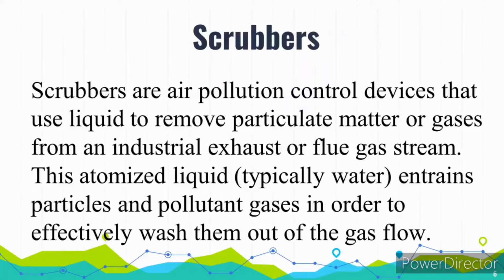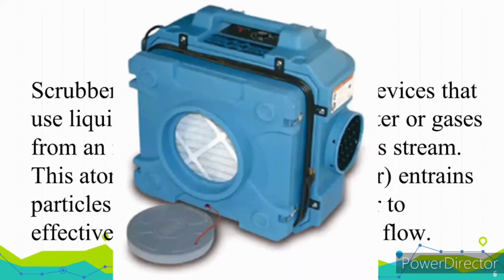Scrubbers are air pollution control devices that use liquid to remove particulate matter or gases from an industrial exhaust or flue gas stream. This atomized liquid, typically water, entrains particles and pollutant gases in order to effectively wash them out of the gas flow. An example of scrubbers.